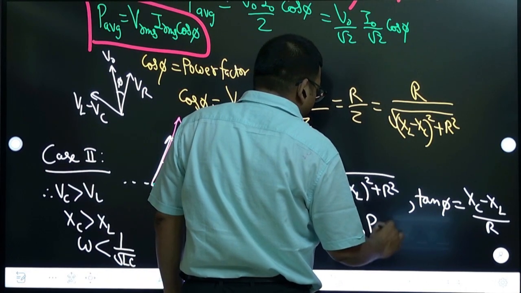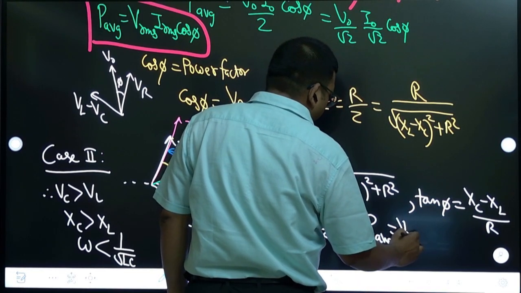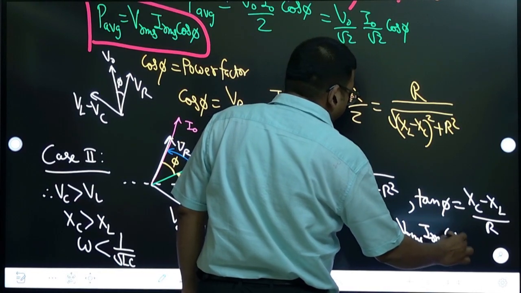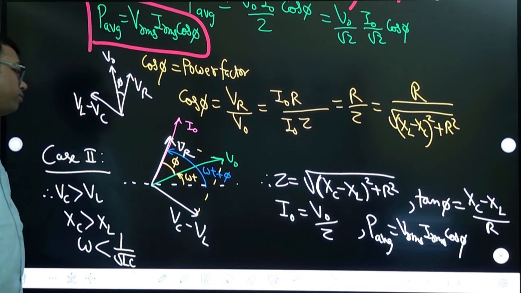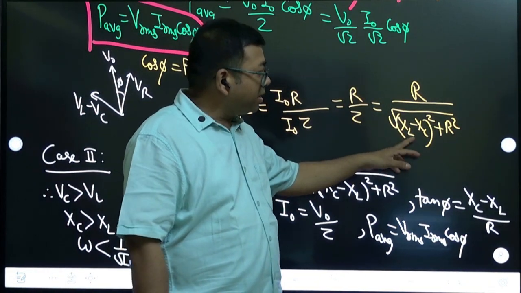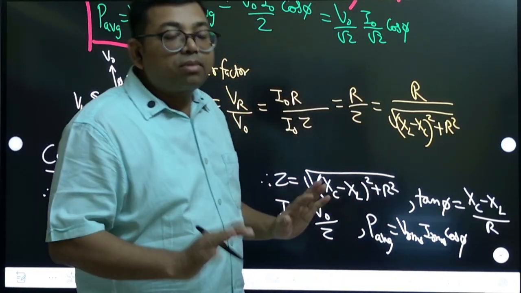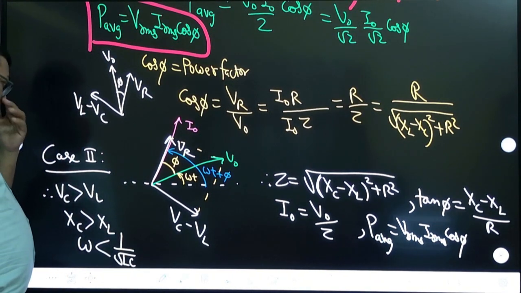Average power formula is also same: V naught or VRMS, IRMS, cos phi. Right, power factor formula is also same. Everything is going to be same, but if you want, you write XL minus XC, instead of that XC minus XL you write, but it will not make difference because it is square inside that. Okay, that's what it is.